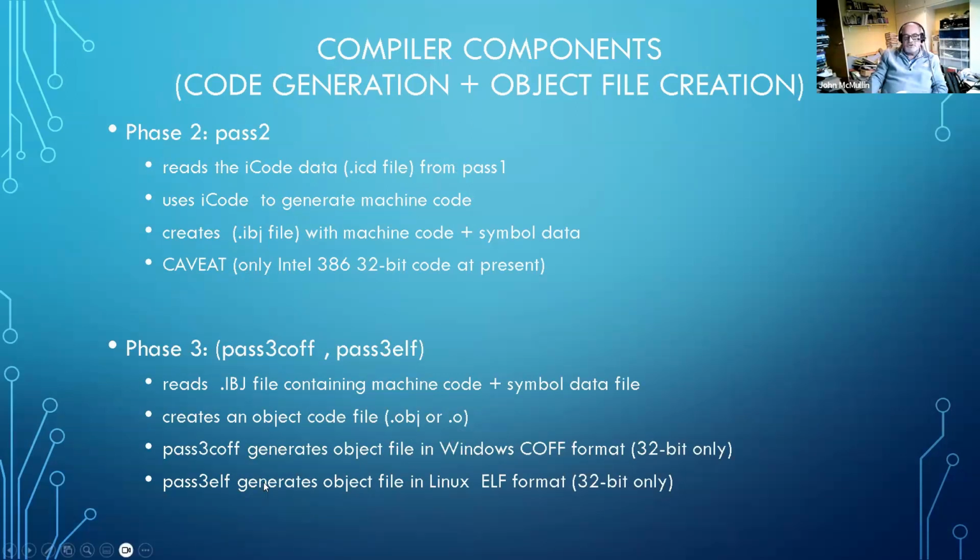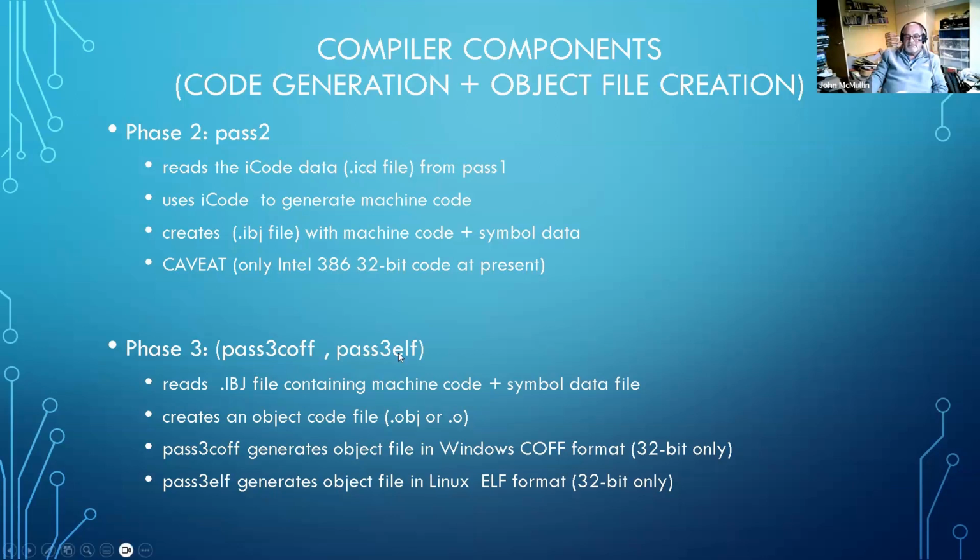Then, of course, the last phase, phase 3, is where it takes the IBJ files and converts those into object code for use either on the Linux or on the Windows box. If you use pass3coff, it takes the IBJ and converts it into COFF object format.